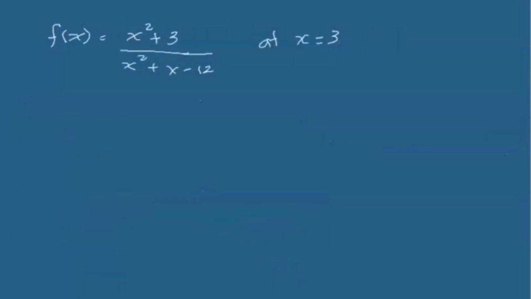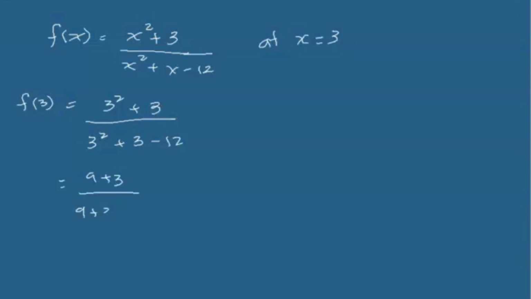Okay, let's try this one. f of x is equal to x squared plus 3 over x squared plus x minus 12 at x equal to 3. Let's check first if f of 3 exists. 3 squared plus 3 over 3 squared plus 3 minus 12. 3 squared is 9 plus 3, so 9 plus 3 minus 12.